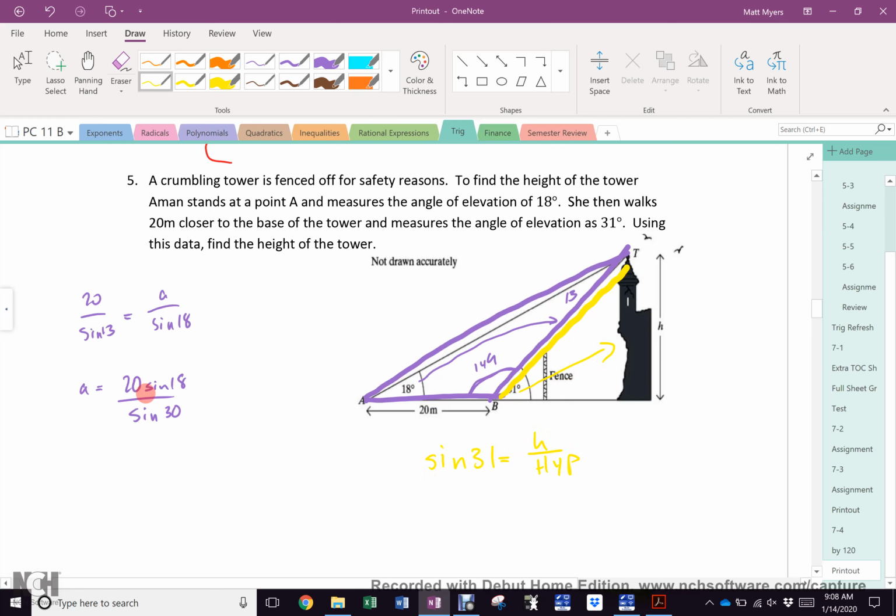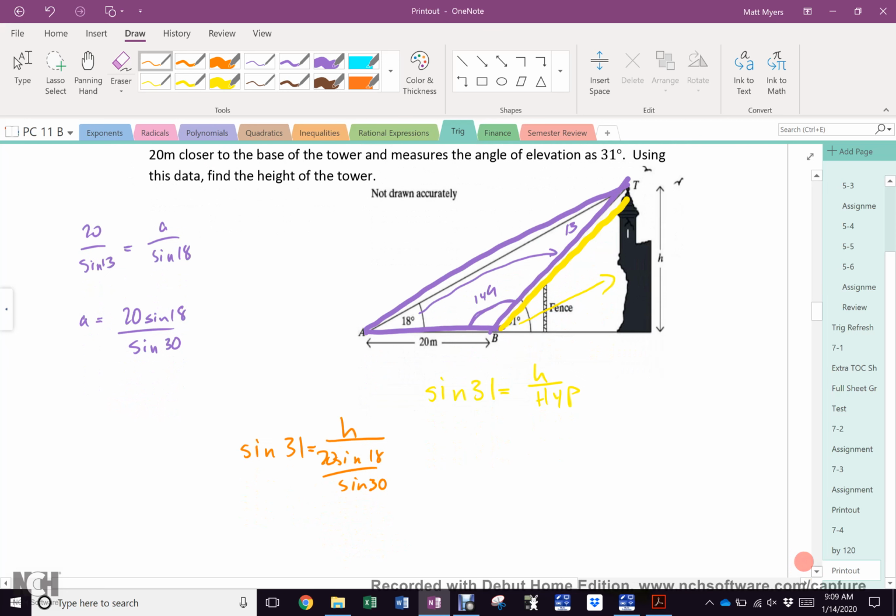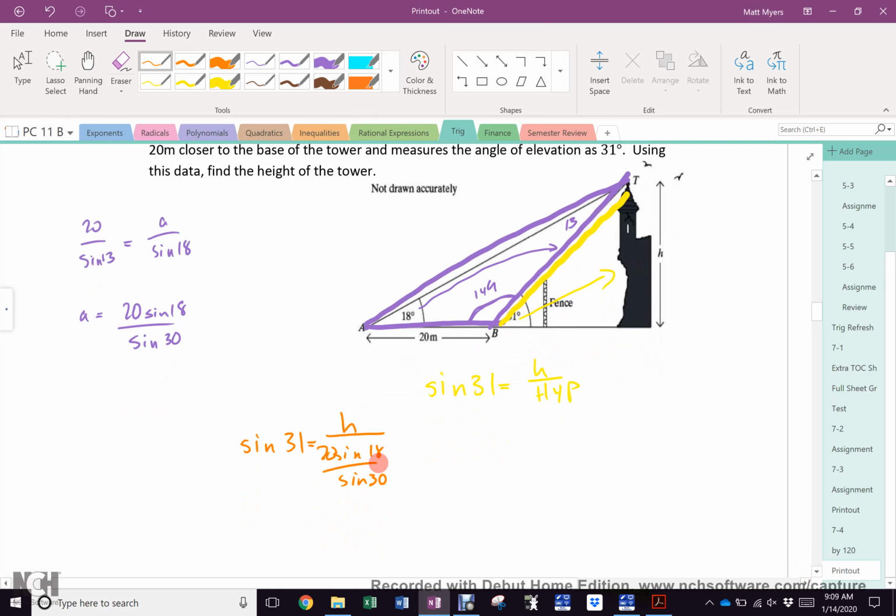Isn't the hypotenuse this? It is, isn't it? So sine 31 equals the height I need divided by this, right? Which is sine 20 sine 18 over sine 30, right? Sine 13.